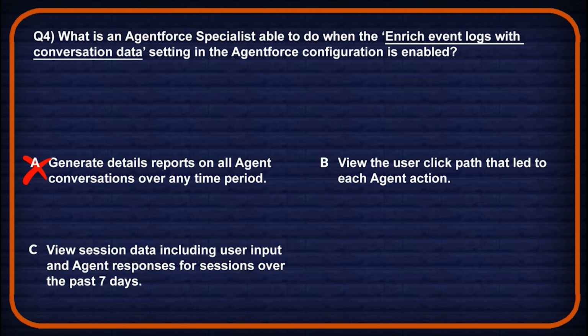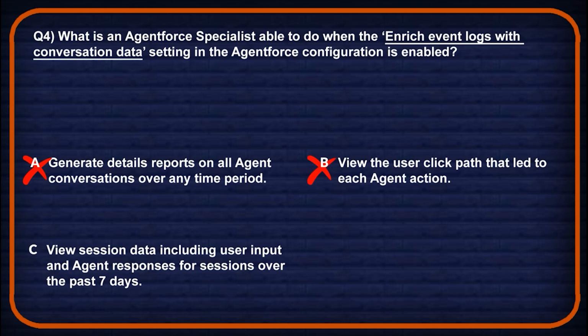Option B. View the user click path that led to each agent action. This option does not track the user click path. It only enriches logs with conversation exchanges. Hence not the right choice.